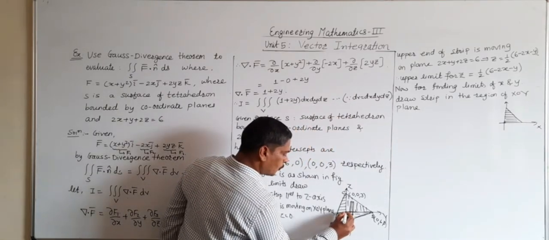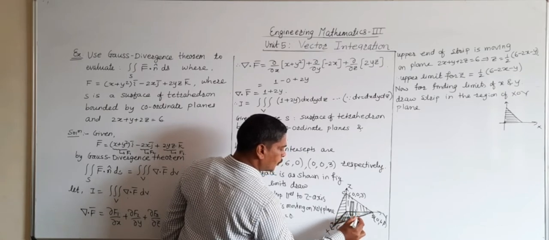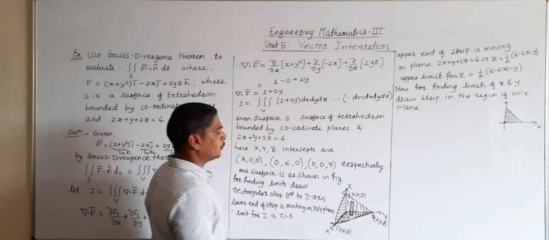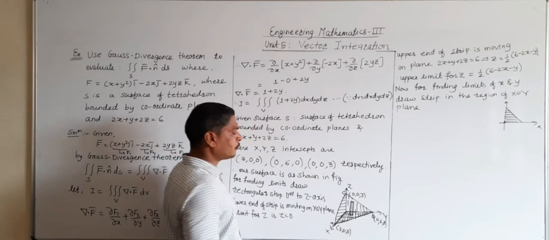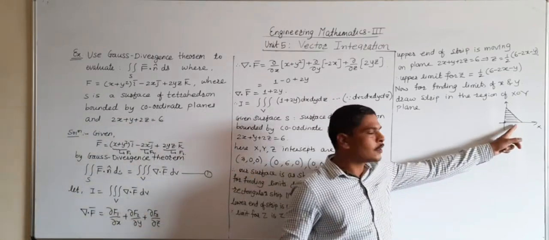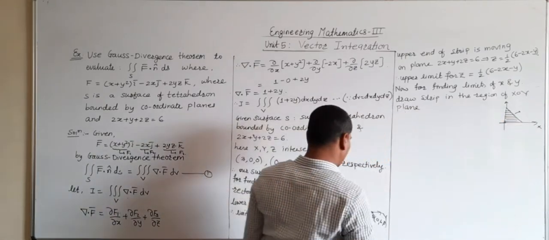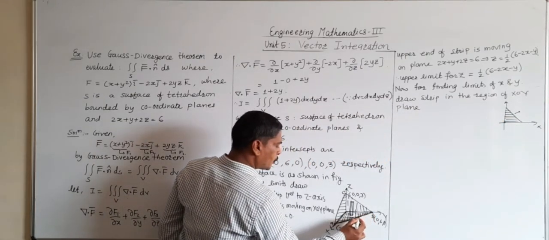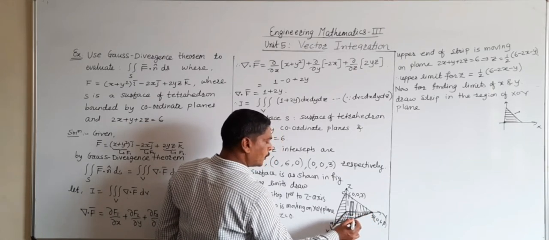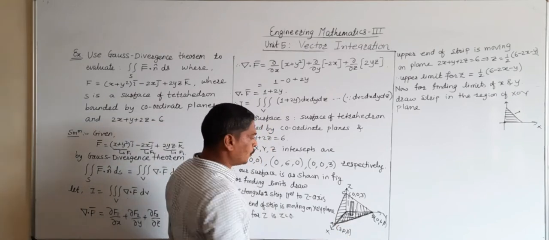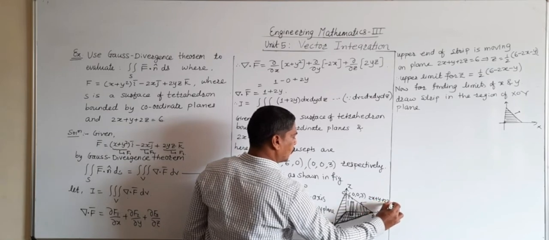That means this region is shown in the xy plane. I will show this by this shaded region. So the equation of this line: this line is on the tetrahedron and present in the xy plane, so on this line z is 0, so put z equal to 0 in this equation.